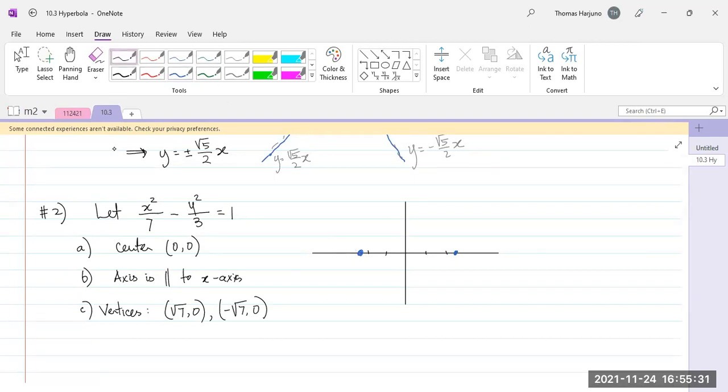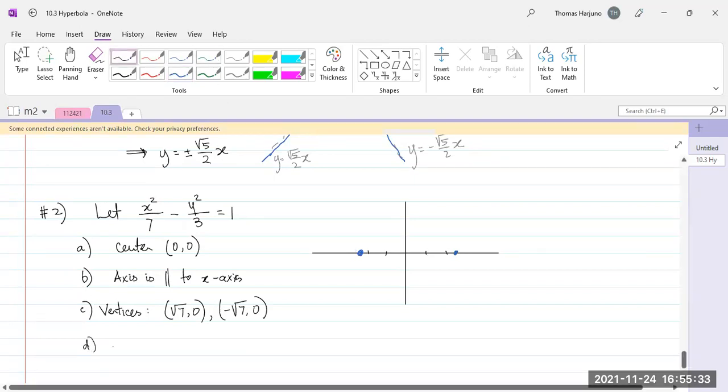And then how about the asymptotes? The asymptotes are x over radical 7 equals plus or minus y over radical 3. Now, we usually don't write it that way.